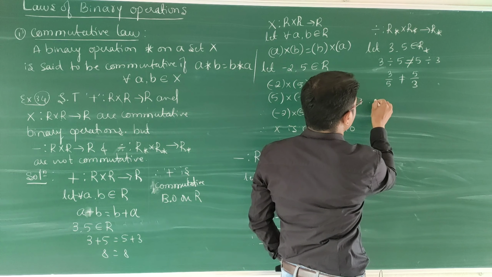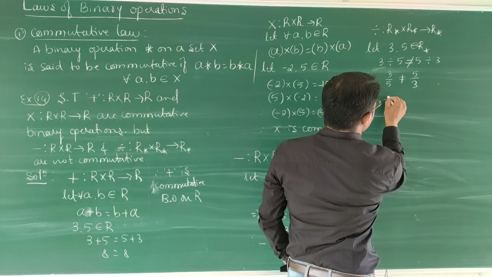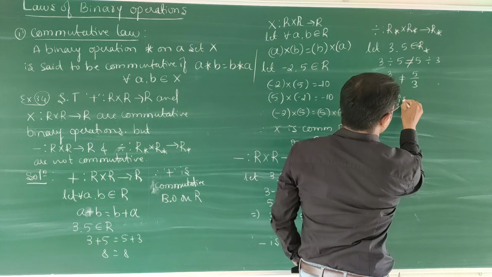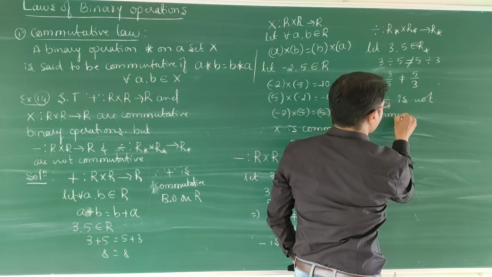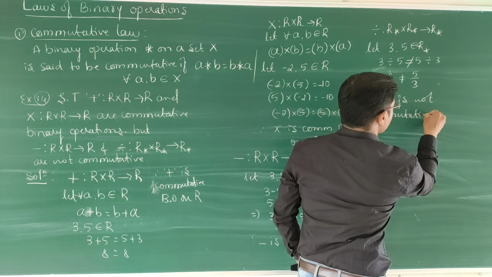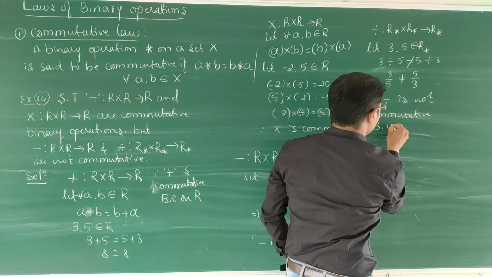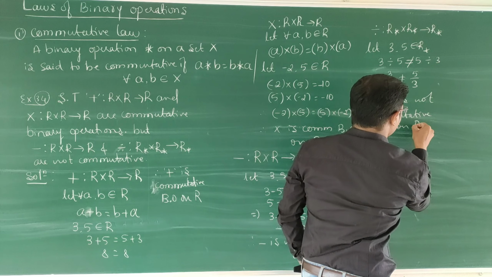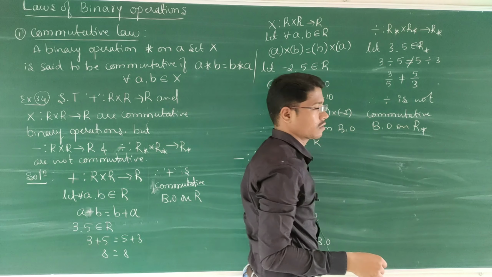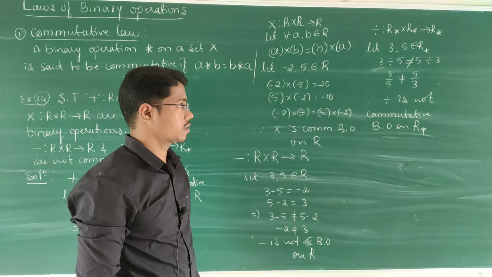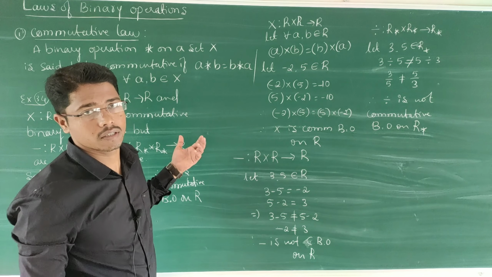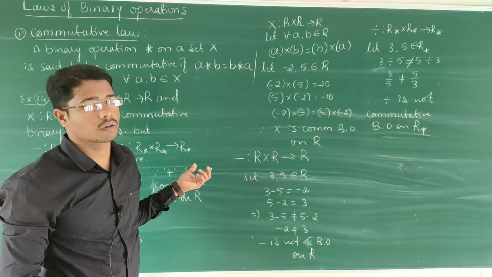Therefore division is not a commutative binary operation on R star. R star is the set of non-zero real numbers. So dear students, this is about the commutative law.